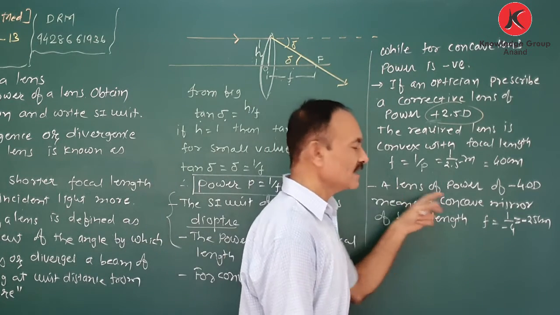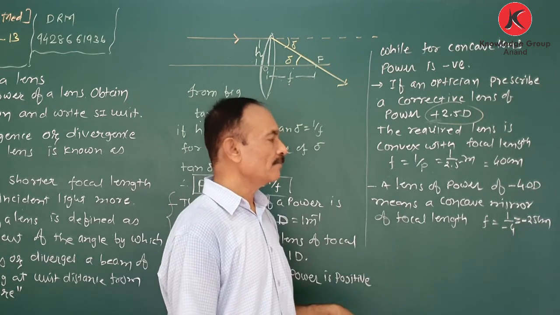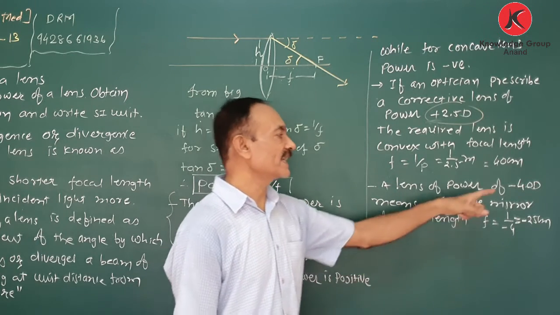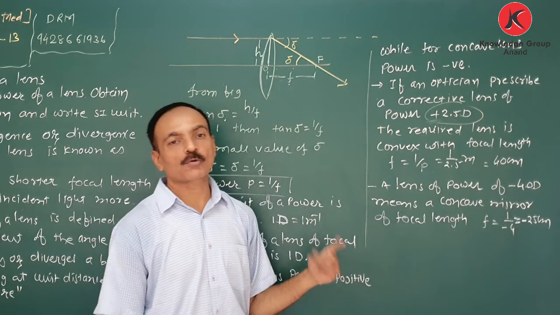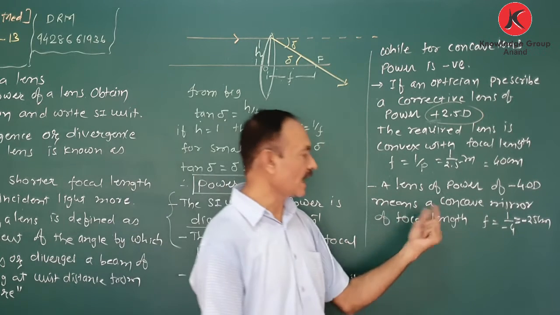Suppose sometimes the number is like this: a lens of power minus 4D. Here the negative sign indicates that a concave lens is required for the correct vision of our eye.